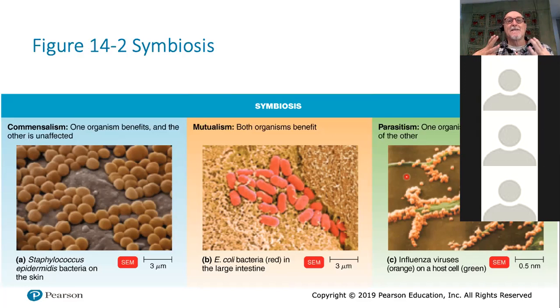Pathogenic bacteria, it's the same story. They are using us as a host. They are deriving benefits of habitat and nutrients from us. And in turn, they are actually damaging us. They are disturbing our homeostasis adversely by their presence.